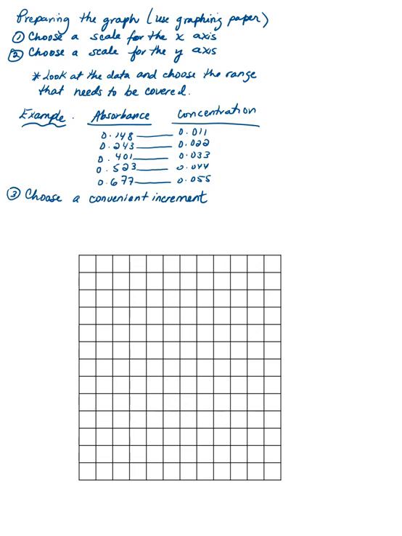So you can start at 0 for the y-axis, which is the one for your absorbance. I'm going to put 0 right there. And then the increment that we're choosing, if you see 0.1, 0.2, 0.3, 0.4, 0.5, 0.6, that increment is okay. You can make your graph with that y-axis increasing by 0.1.